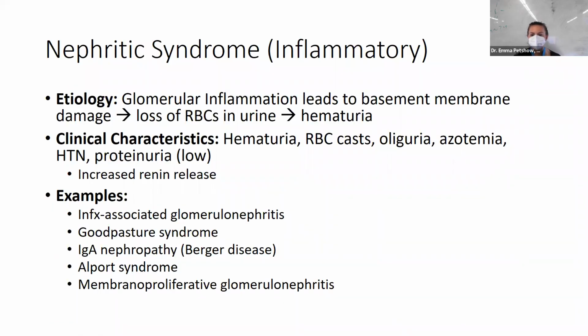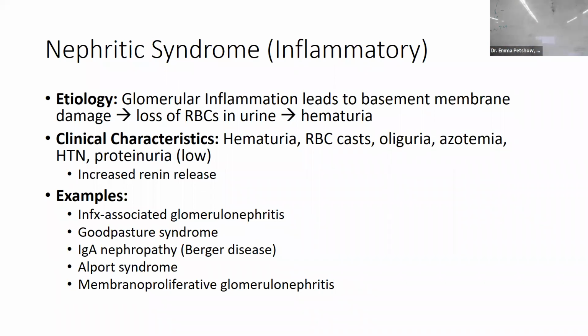So like I said, nephritic syndrome is an inflammatory condition. Your etiology in general, sorry, take a drink of my adult chocolate milk, it says coffee in it. You're gonna have some inflammation local to the glomerular structure. And then the basement membrane is gonna have damage due to that inflammatory state and inflammatory markers, leading to loss of red blood cells in urine and hematuria.